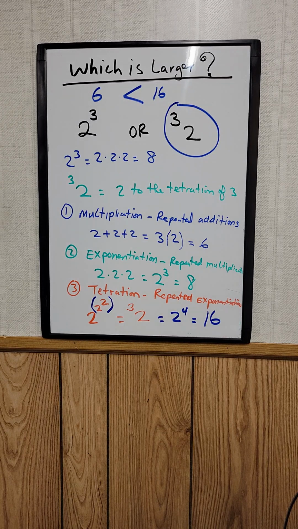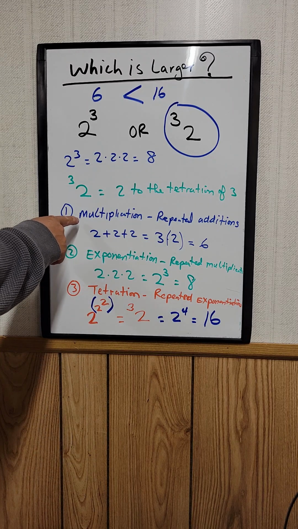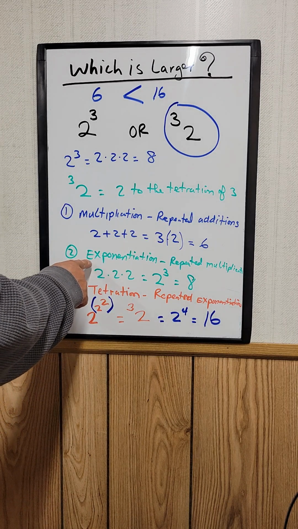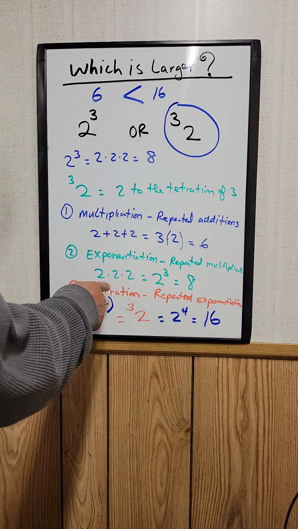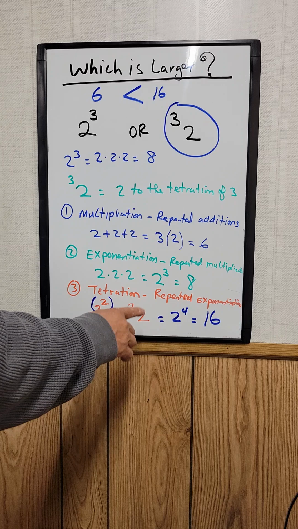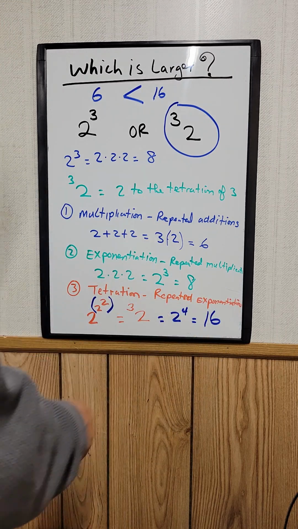I hope you understand all of the explanation. Multiplication is just repeated addition. Exponentiation is just repeated multiplication. And tetration, that's what we tried to understand here, is a repeated exponentiation.